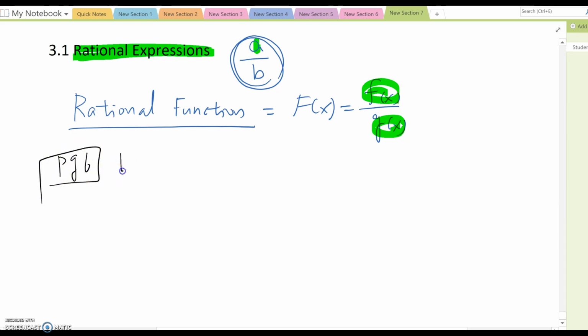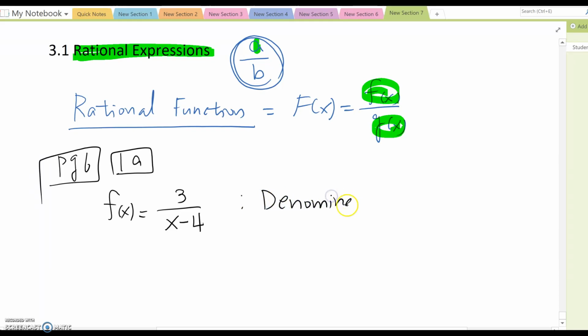Let's do number 1a, please. Given f(x) equal to 3 over x minus 4. In this rational function case, we have a fractional expression here. So what is the limitation of a fraction? Yes, the denominator cannot be 0.